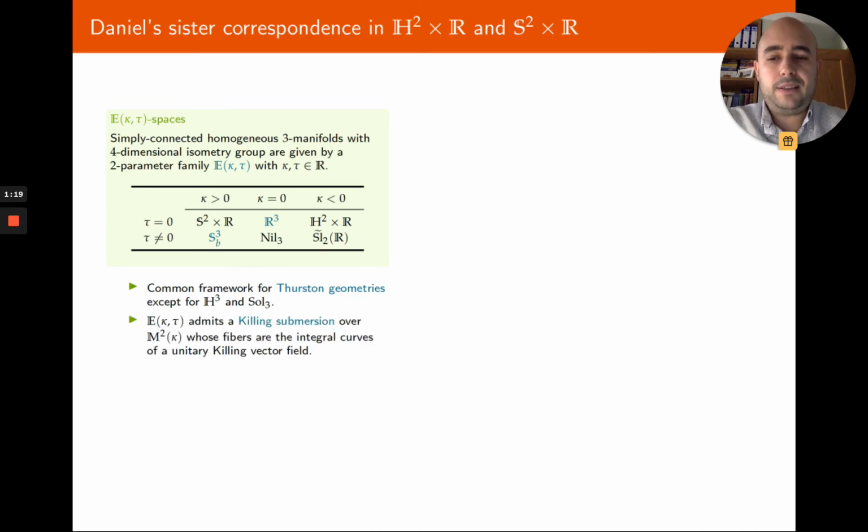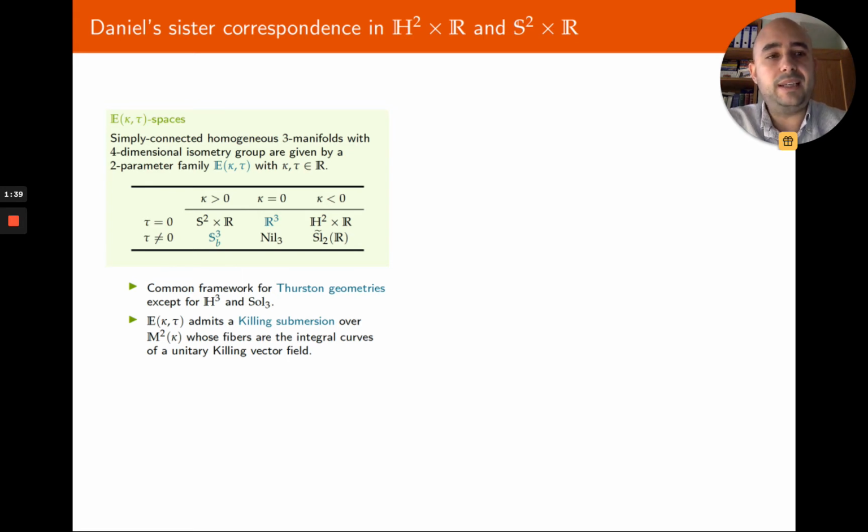In fact, E(κ,τ) admits a very particular structure because it has a unit Killing vector field. By projecting in the direction of the integral curves of this unit Killing vector field, we get what we call a Killing submersion structure.